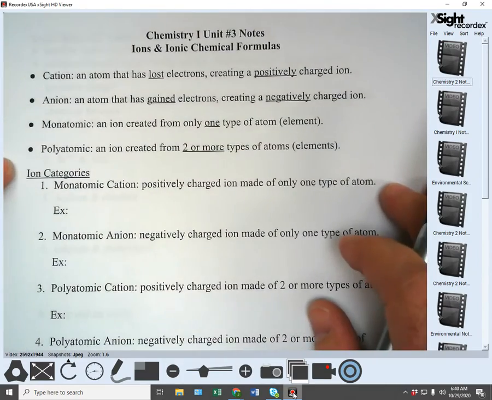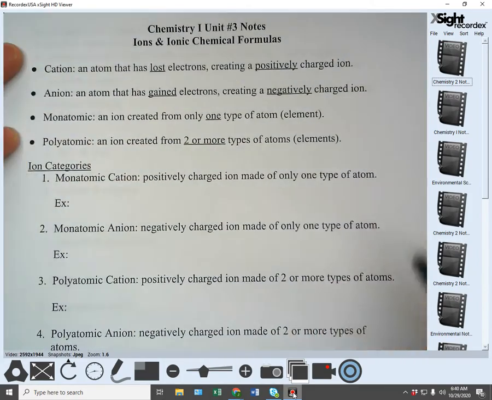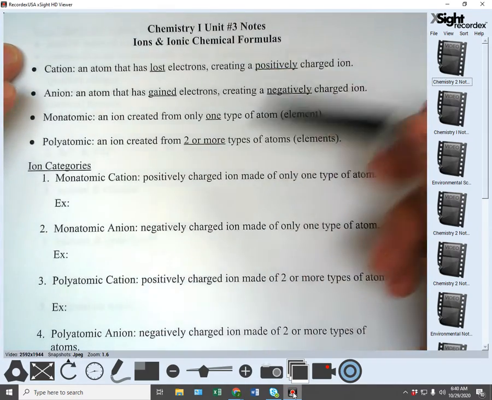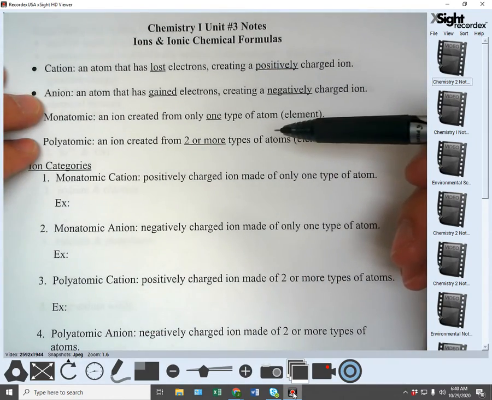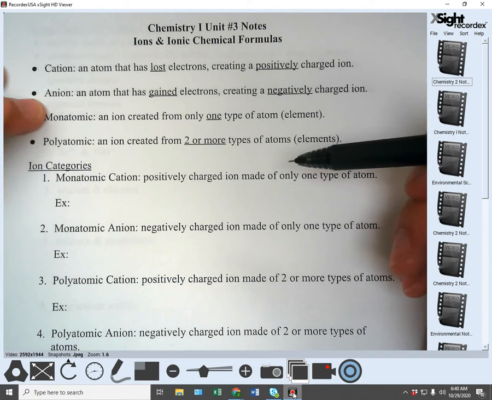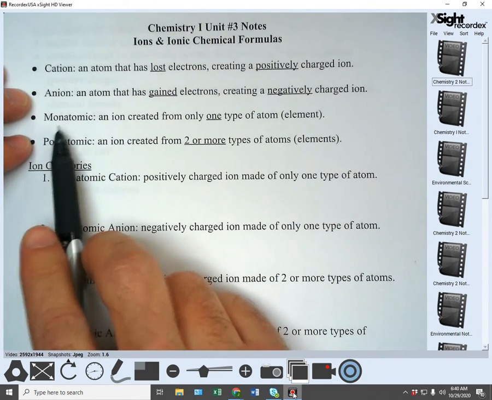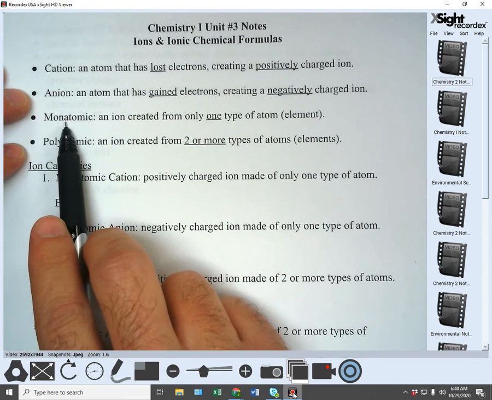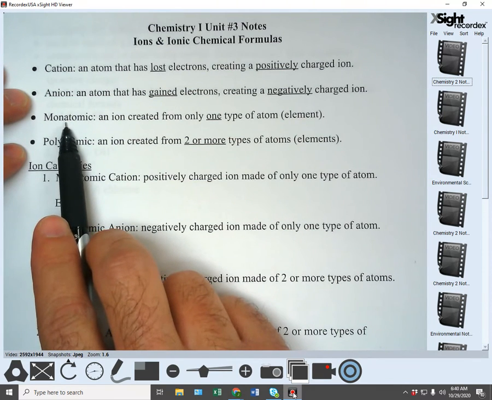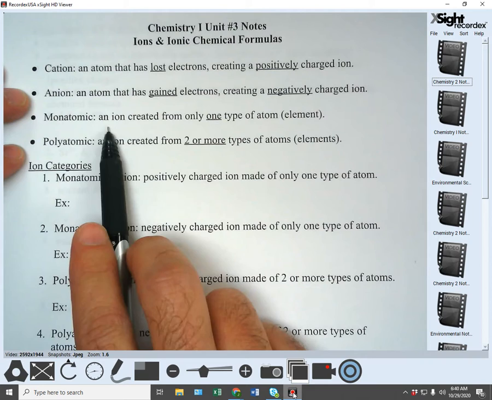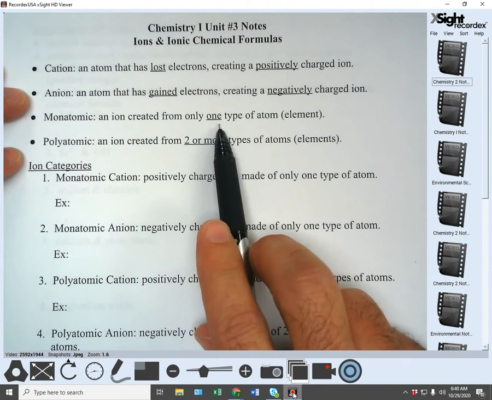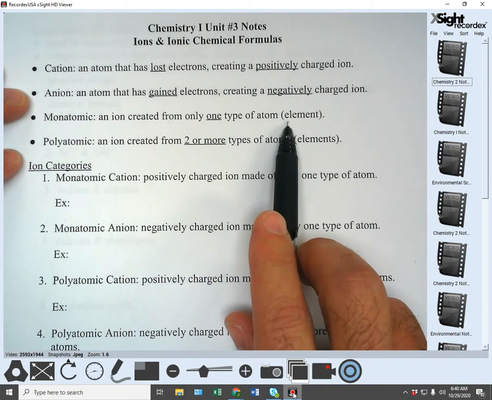Now, there are two other generic categories for ions. There's monatomic and polyatomic. Monatomic, the prefix mono referring to one. So monatomic is an ion created from only one type of atom or element.